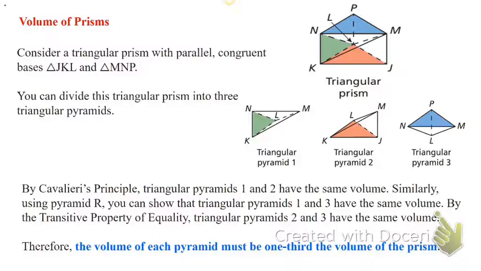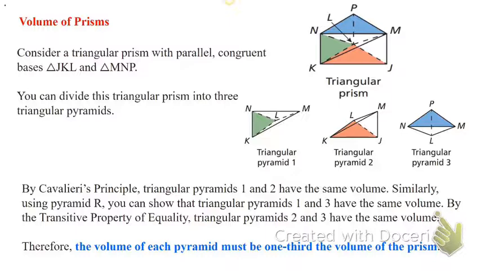You can go from N down to L up to M and K, then from K to L to M to J, and from N to P to M to L. So those three pyramids can actually be fitted together in order to make that one big triangular prism.